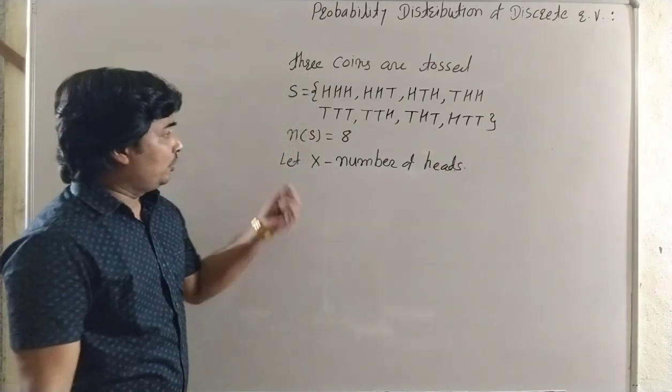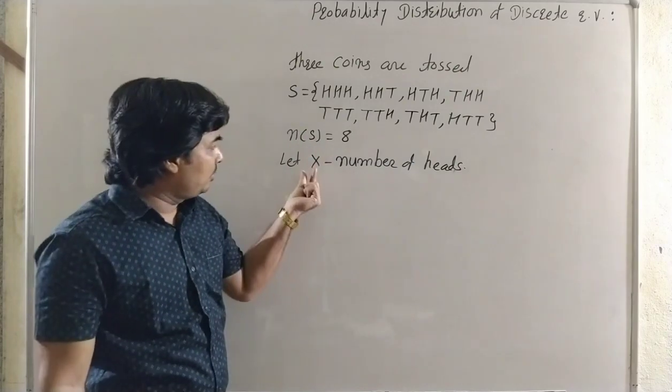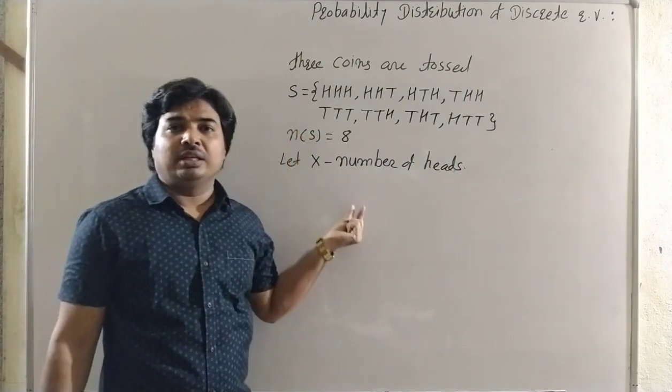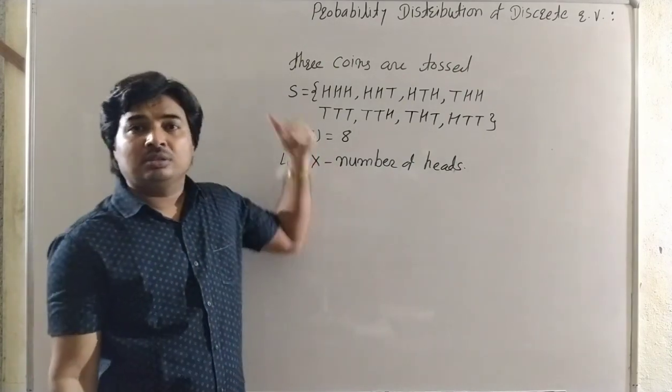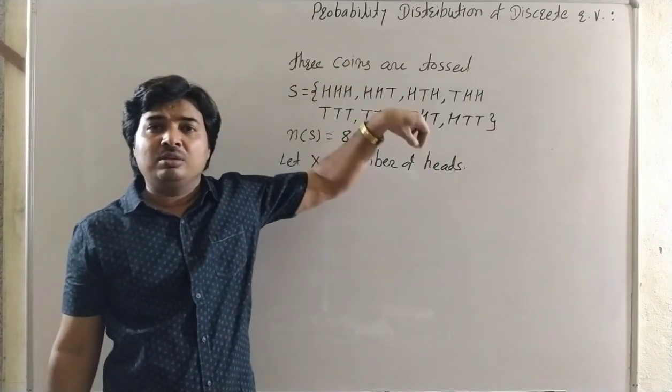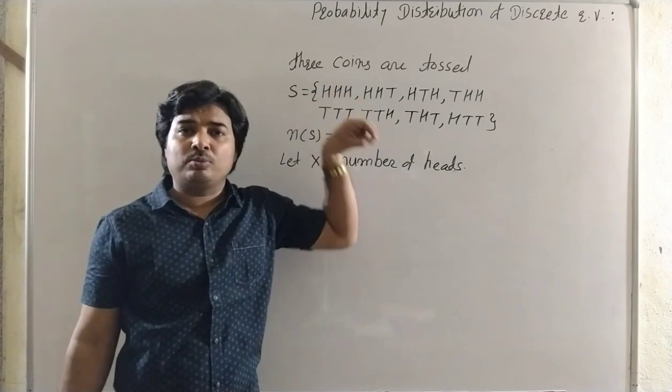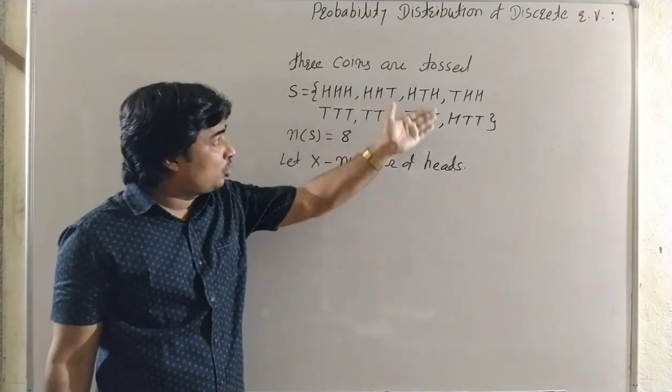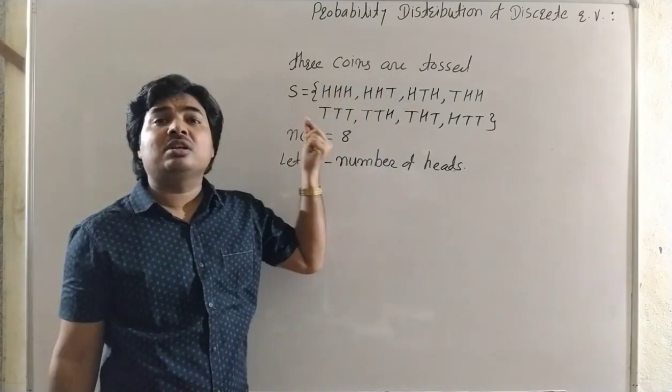Now we count the number of heads. We take the random variable X, and the value of the random variable comes from the sample space. The random variable is a real number associated with each outcome of a sample space. There are 8 outcomes, and here the random variable is the number of heads.